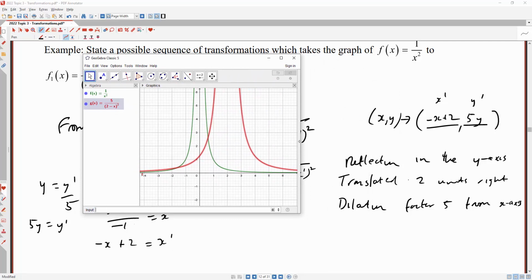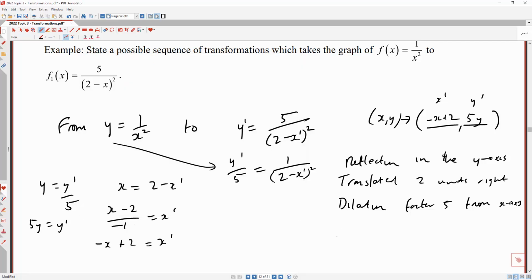Alright, so I'm going to quickly try and do this via functions. I'm going to say that g of x can be found by doing a reflection in the y-axis. If I want to reflect in the y-axis, remember what I do to f of x is I drop in negative x. Translated 2 units to the right means I put in x take 2 wherever I see an x.